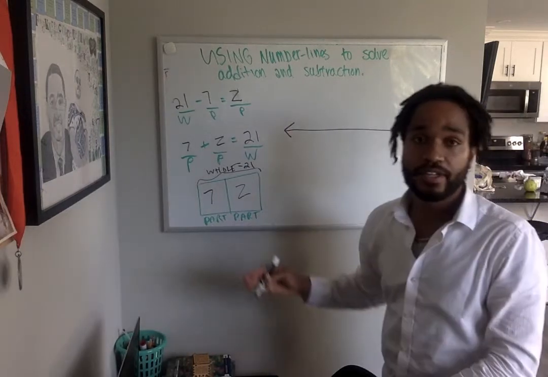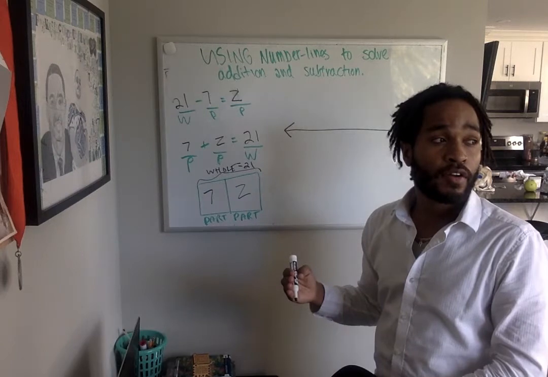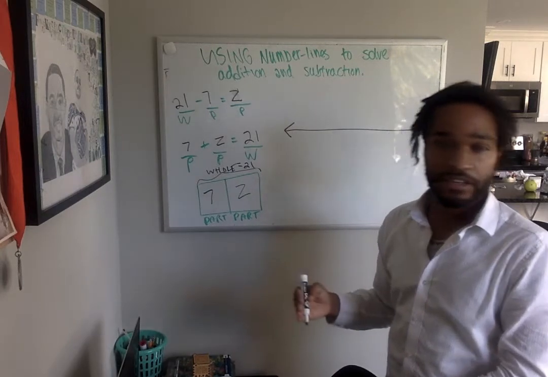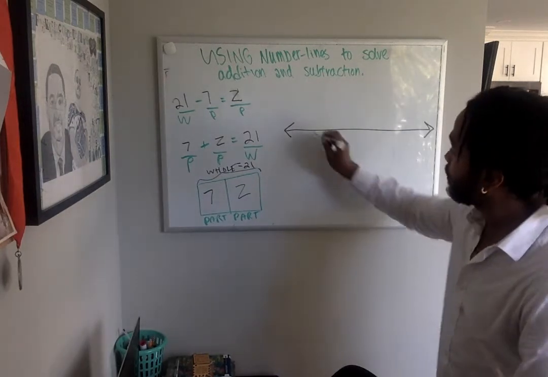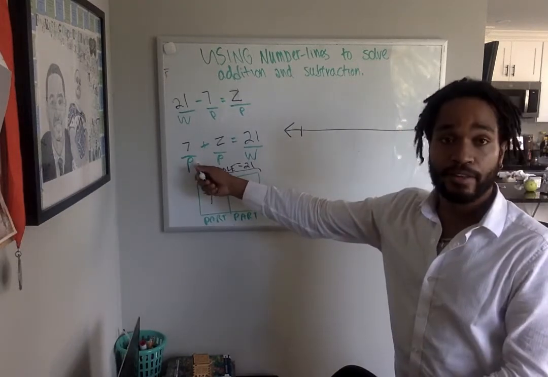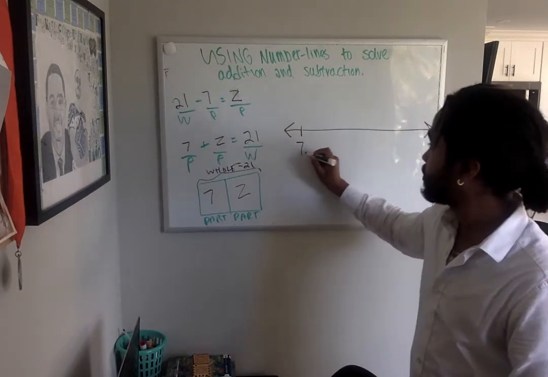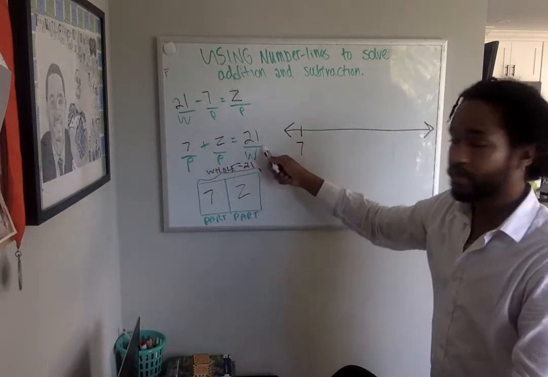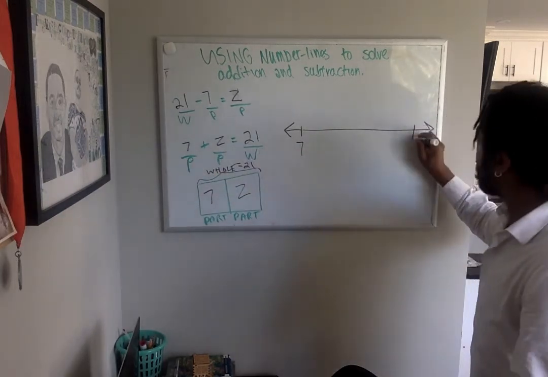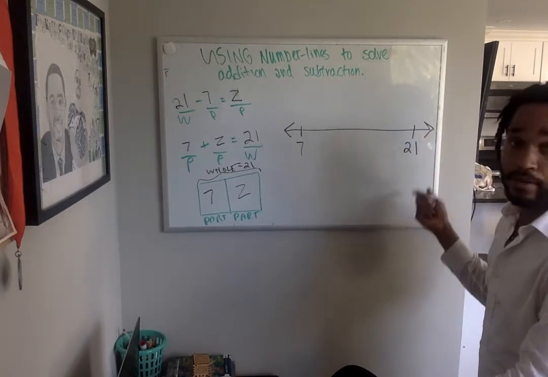And because most kids already are more effective with addition, I'm going to show it in that way. We will start at the part, and we need to get to the whole or the total. So this is 7, that's the part, 21 is the whole. And that's where I'm going to go at the end of my number line.